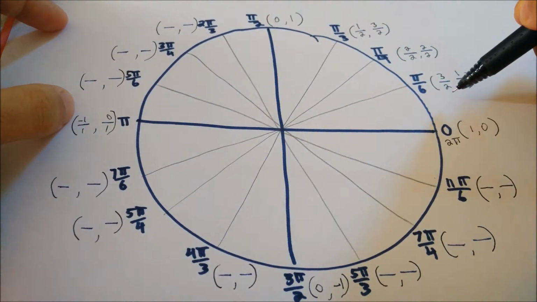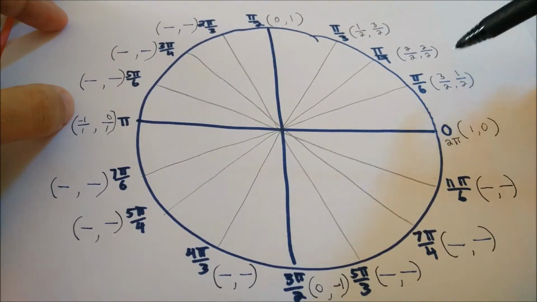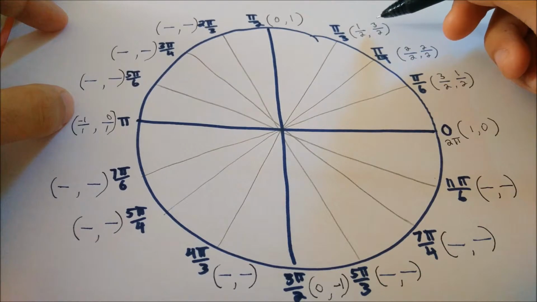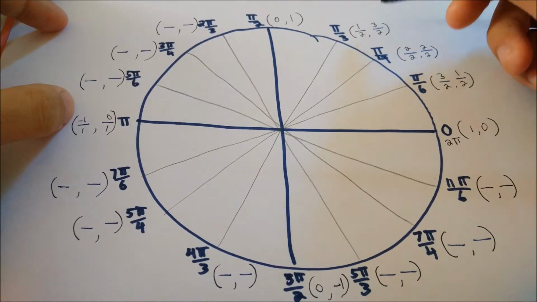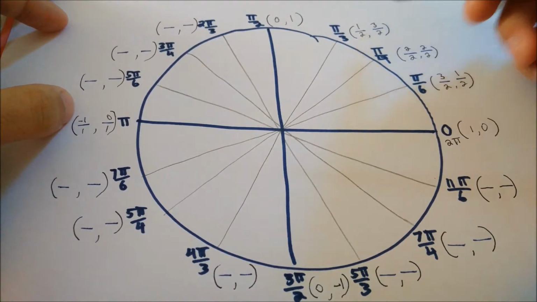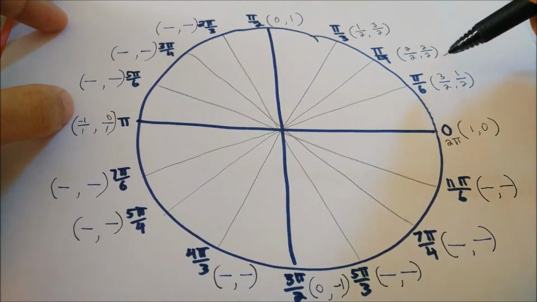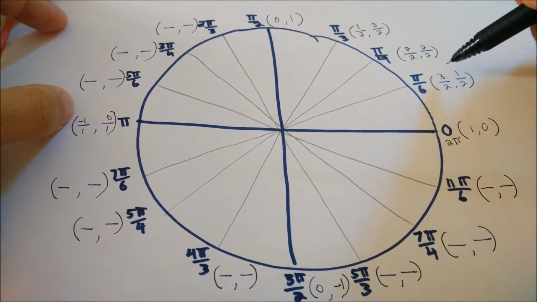So when you start from the bottom, you count backwards, 3, 2, 1. Once you get to the top, the y coordinate, you start from the top this time, and you count down 3, 2, 1. They all have radicals on them, like all the numerators have a square root sign.